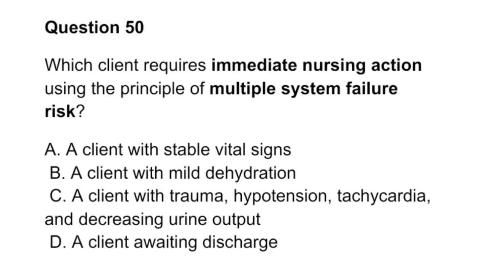Question 50. Which client requires immediate nursing action using the principle of multiple system failure risk? A, a client with stable vital signs. B, a client with mild dehydration. C, a client with trauma, hypotension, tachycardia, and decreasing urine output.